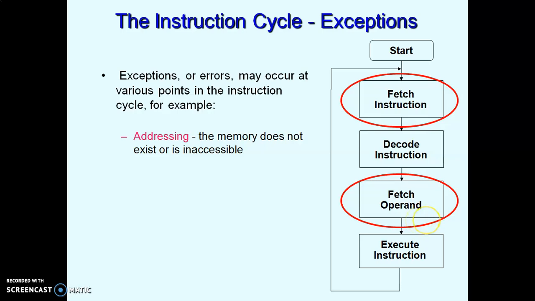In case of exceptions, that means whatever the different kinds of errors may occur at various points. Where does it occur? In fetch instruction. Fetch instruction means the addressed memory does not exist or it is inaccessible. Next, after fetch it is decode instruction, then fetch operand.